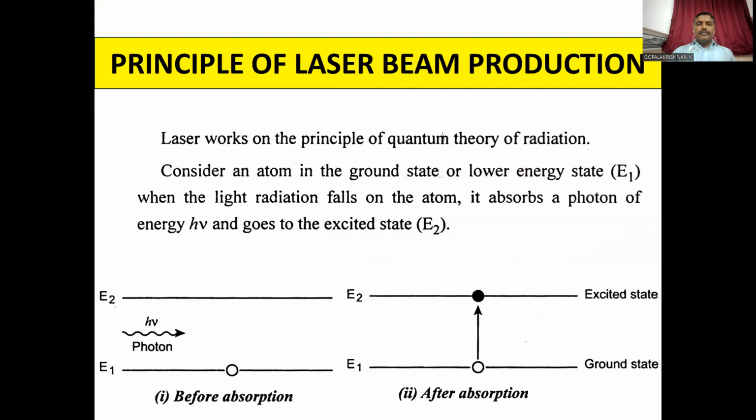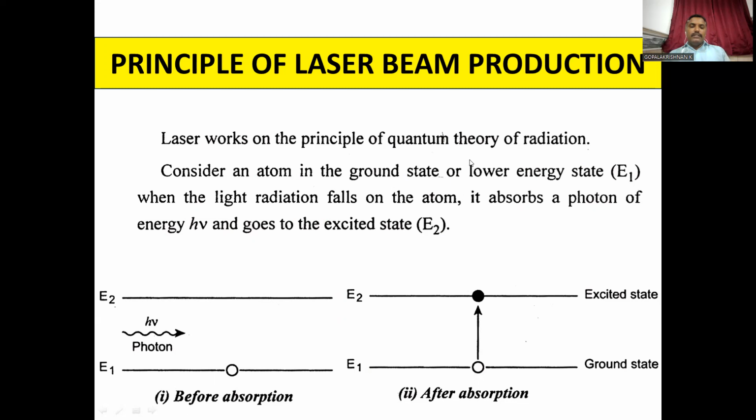Next, the principle of laser beam production. Lasers work on the principle of the quantum theory of radiation. Consider an atom in the ground state, that is the lower energy E1. When light radiation falls on the atom, it absorbs a photon of energy hν and goes to the excited state E2.